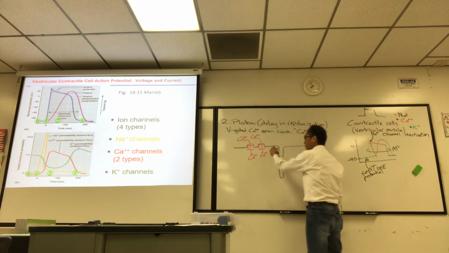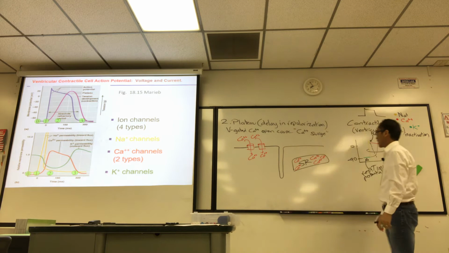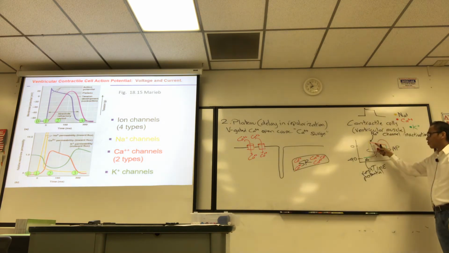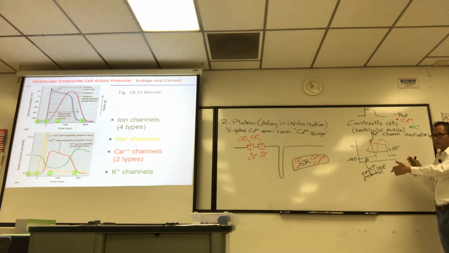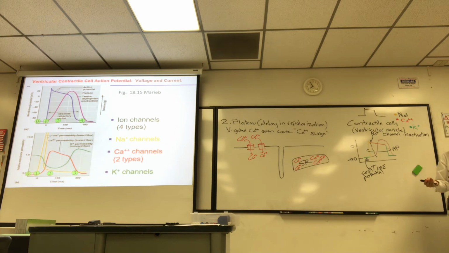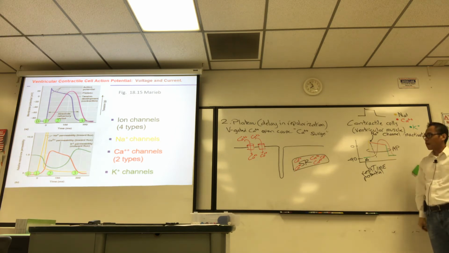That changes the membrane potential. It keeps it depolarized for a while. This is a very long action potential. Instead of being 10 milliseconds, it's like 250 milliseconds. It's very long.